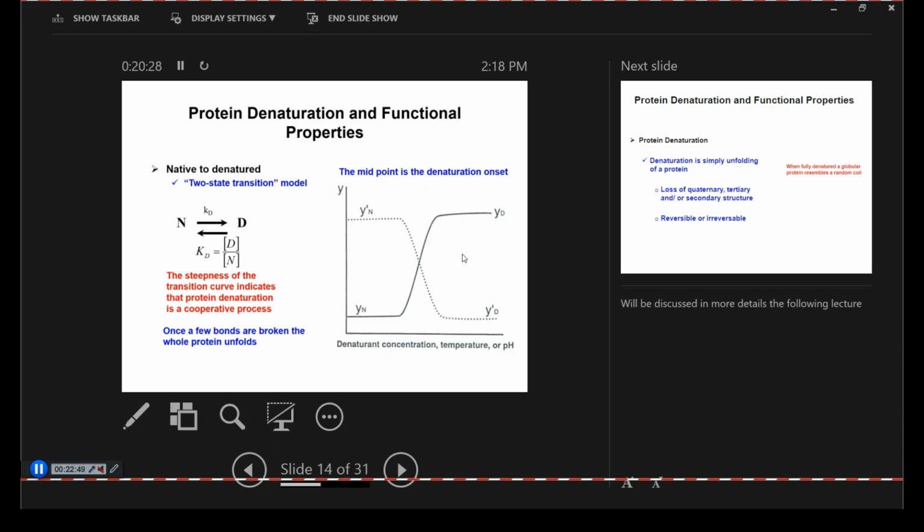If you were measuring solubility, solubility will decrease with denaturation. But this steepness in that curve tells you that it's a cooperative process. Once one thing starts to happen, once a few bonds are broken, everything will break loose, basically. And you see that steep increase.